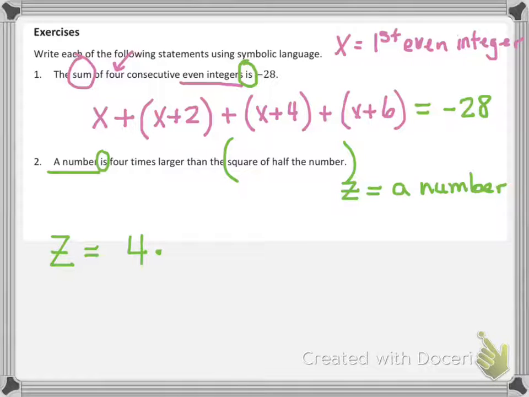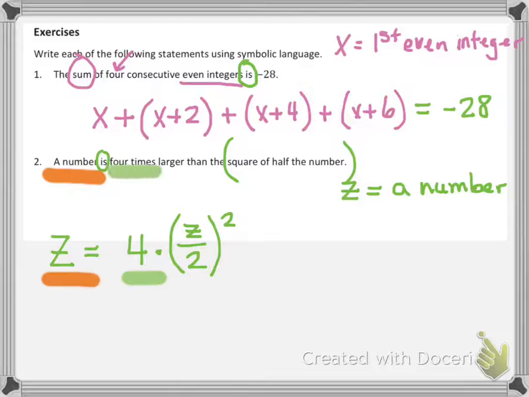The square of half the number. So I'm going to take half the number, so that would be z divided by 2, and then I'm going to square it, like this. So let's check it and see where we're at. A number is, so z equals, that's good. And then we have 4 times larger than something.